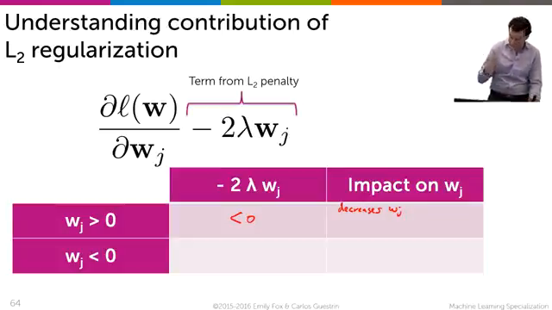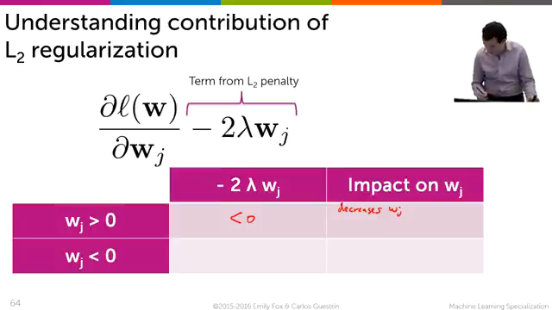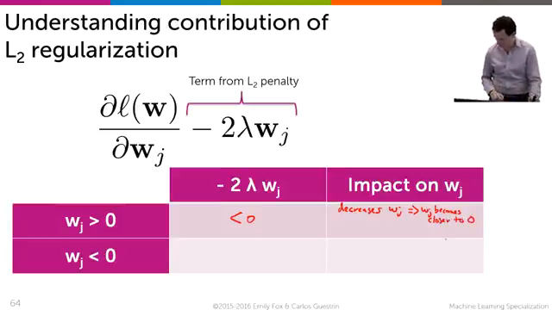It was positive, you're going to decrease it. So what happens is Wj becomes closer to 0. If Wj is positive, you add a negative number, it becomes less positive, closer to 0.